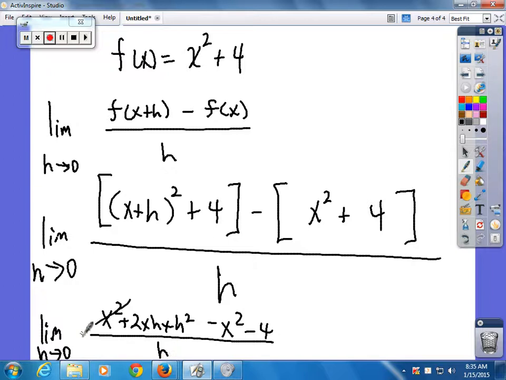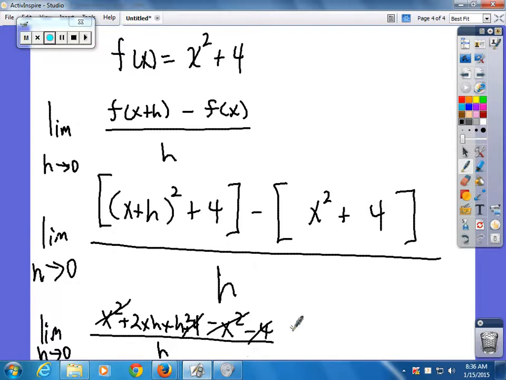And the x squareds, what happens to the x squareds? They cancel. And you got that plus 4 right here, and that final 4 cancels.